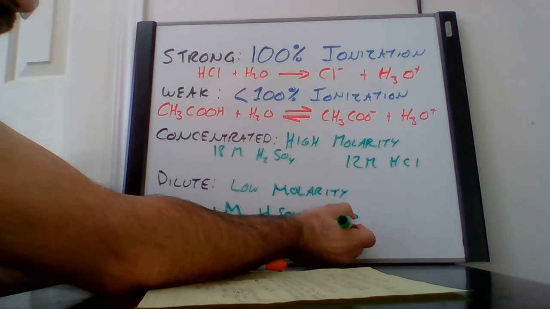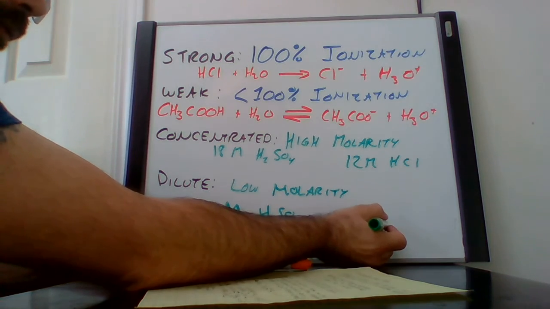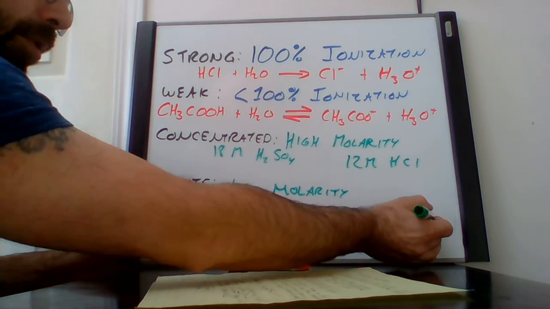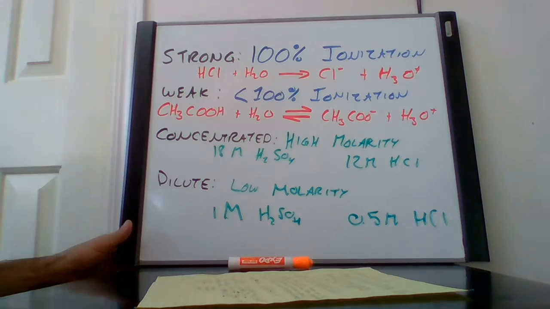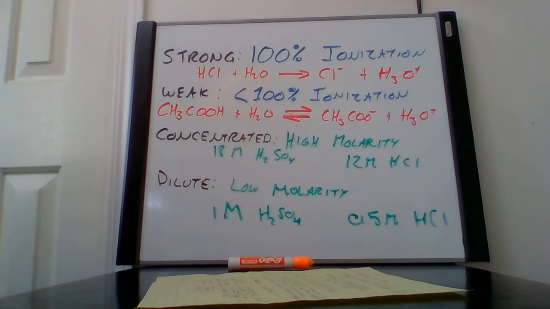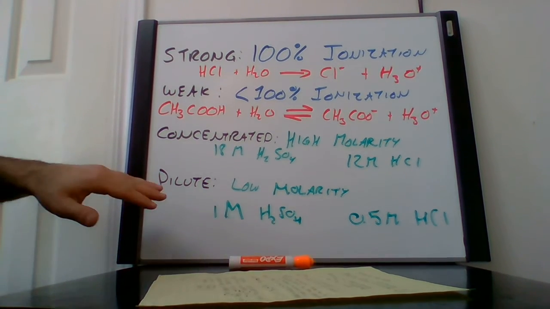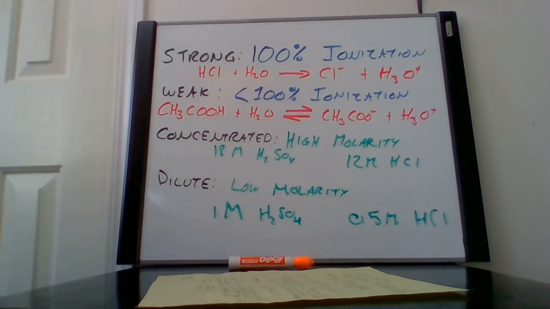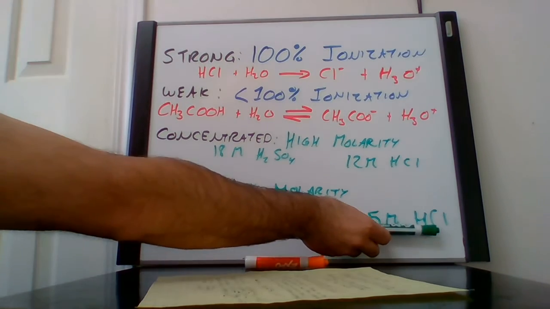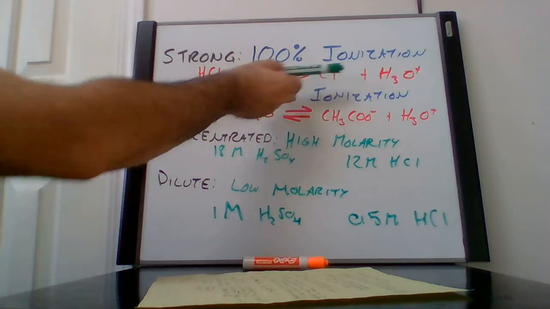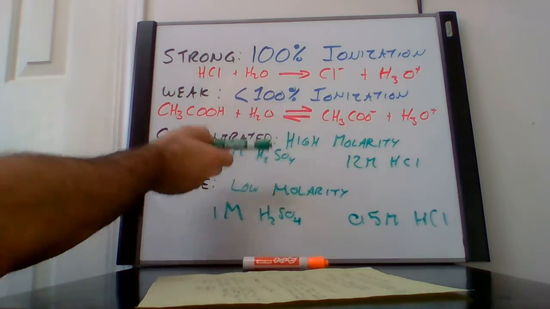Or we can talk about, say, a 0.5 molar or 0.1 molar HCl. So we can have a dilute strong acid. If we had a 0.5 molar hydrochloric acid, that's going to be a dilute strong acid.